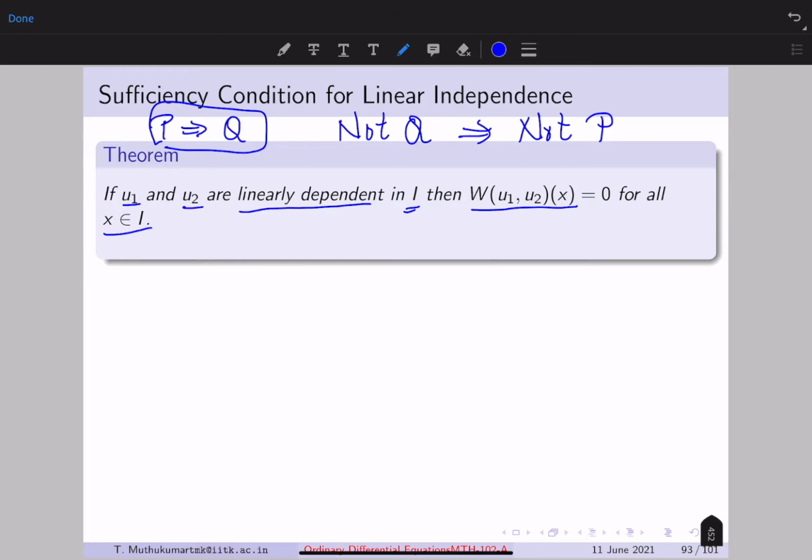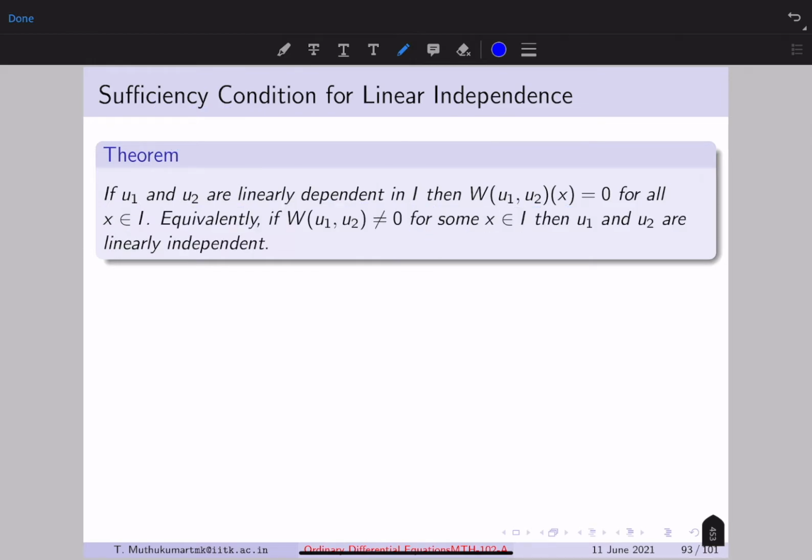Right? So this statement, that if U1 and U2 are linearly dependent, then the Wronskian is 0 for all x, also means that if the Wronskian is non-zero for some x, then U1 and U2 are linearly independent. The opposite of Wronskian being 0 for all x is that it is non-zero for some x in I, not all, because here it's all.